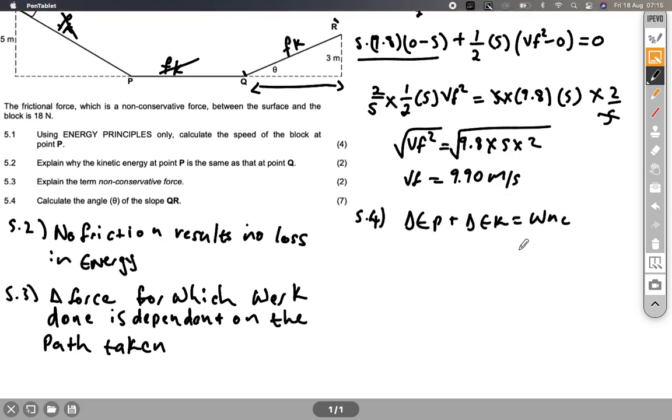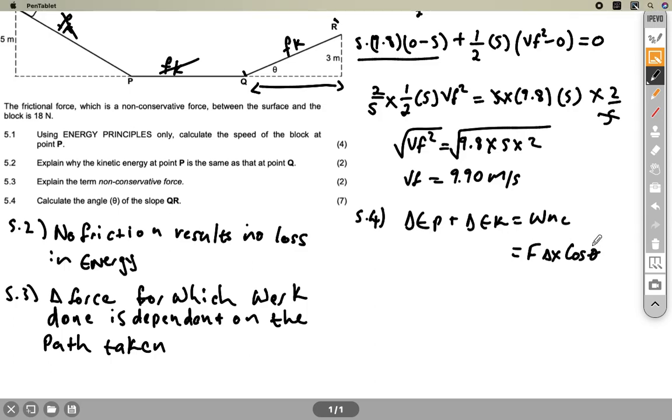Now, work done by a non-conservative force won't be zero since friction is coming into play. So we will have our work-energy theorem, which says force multiplied by displacement multiplied by cos of theta. And this theta is not the same as the theta here. So let's say this is theta prime.